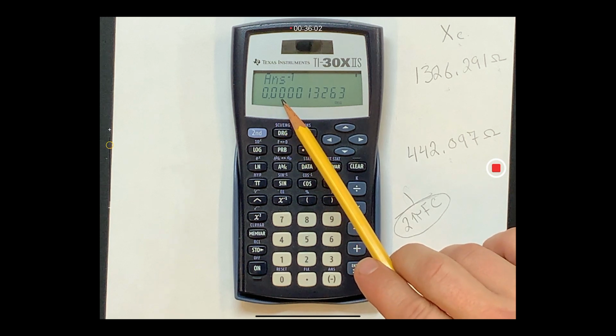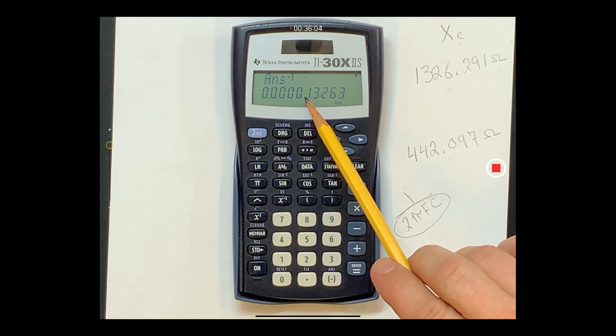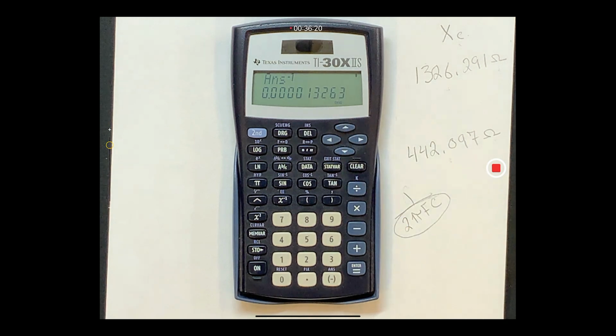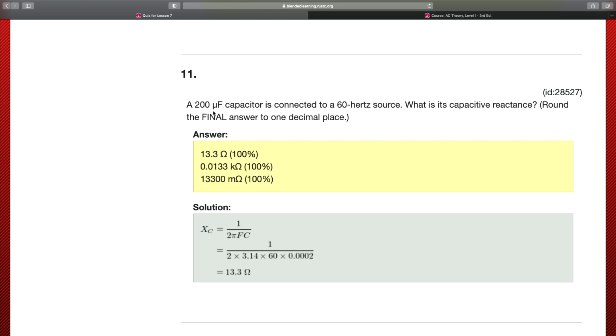So 1, 2, 3, 4, 5, 6. So it would be 13.263 ohms of capacitive reactance. Looking back at the problem here, 13.26 gets rounded into 13.3, which is the answer they're looking for.